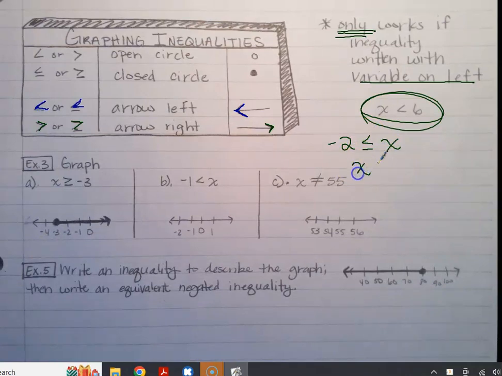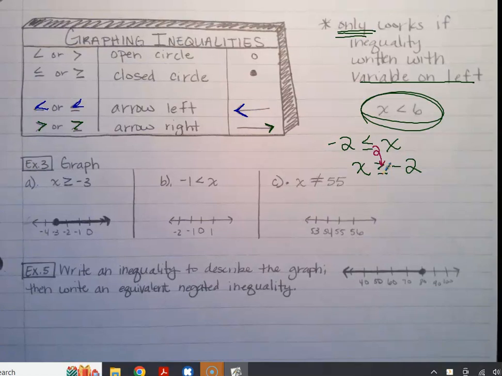So we want to say x is greater than or equal to -2. The x came over to the front, to the left, the -2 went to the right, but our sign flipped. It went from less than or equal to greater than or equal to. So all you have to do is rewrite it if it's not on the left.